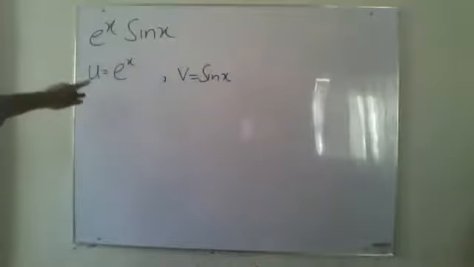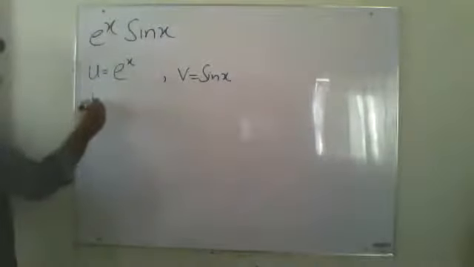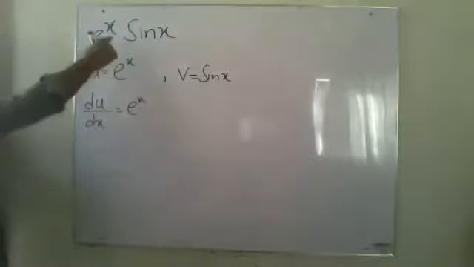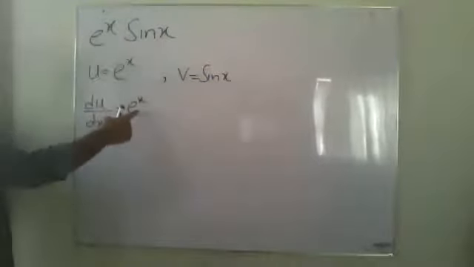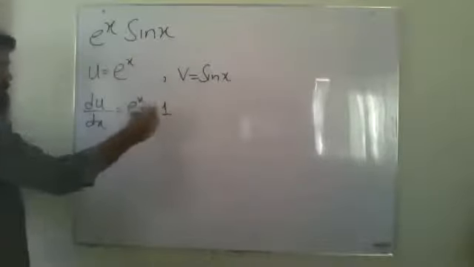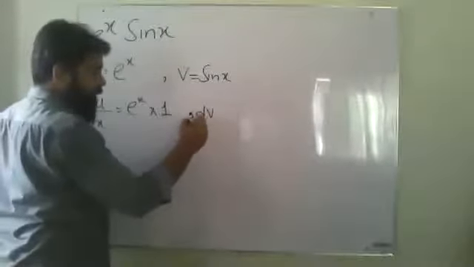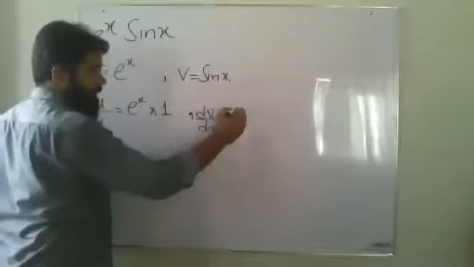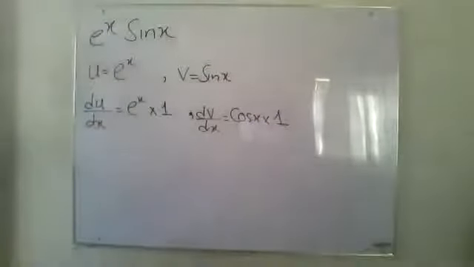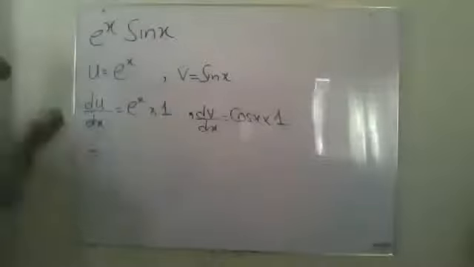Differential of u will be du over dx, that is e to the power x. In differentiation of exponential, first of all we write the whole thing, and then the power will be differentiated, so the differential of x will be 1. Coming to this one, dv over dx, differential of sin x is cos x, and differential of x, that is my angle, will be 1. I've done them separately.